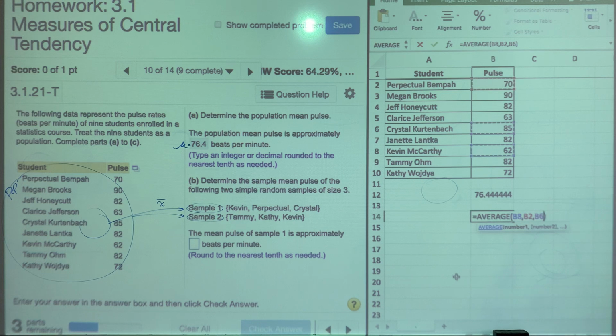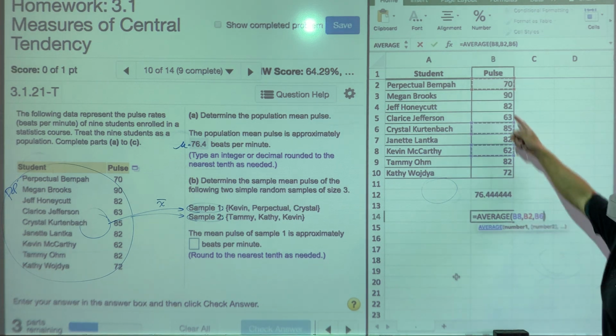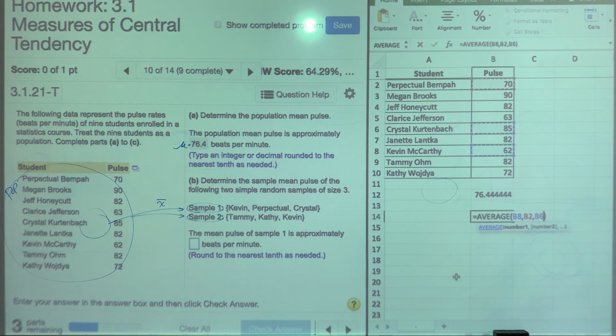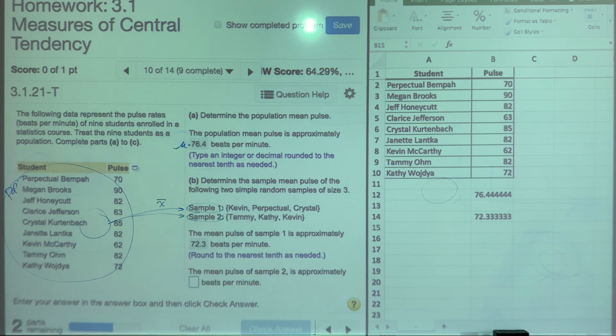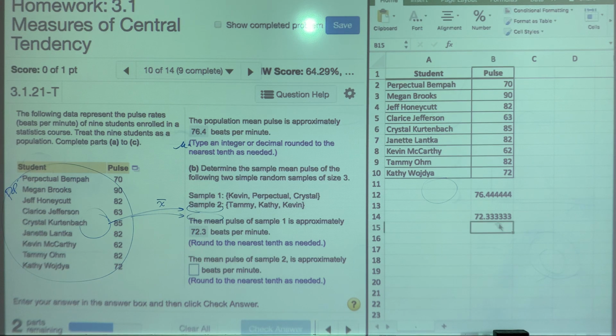It allowed me to select individual cells to average. So if you're on a Mac, you're going to use the command key to do that. You'll hold the command and select those individual ones, and then that's it. So round to the nearest tenth, so mine's 72.3. There it is. Let's go do the other sample.